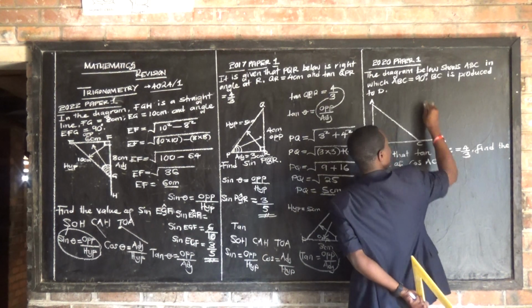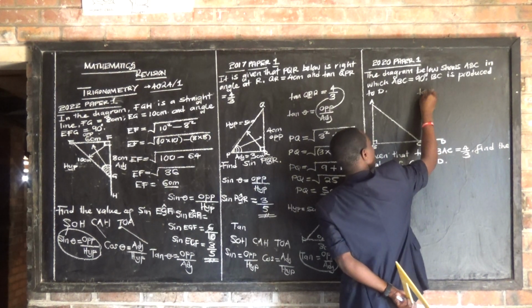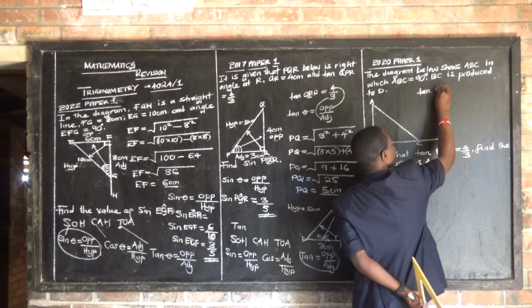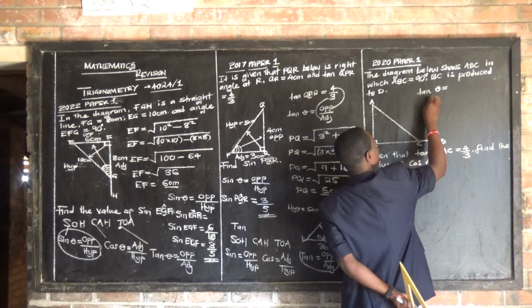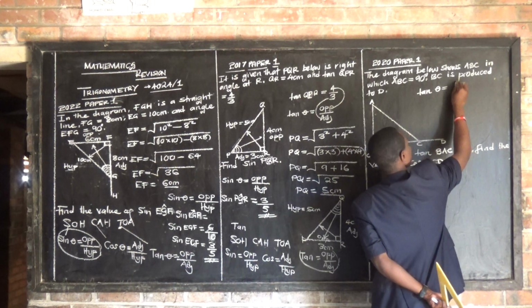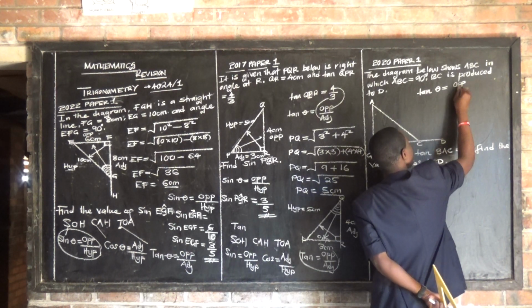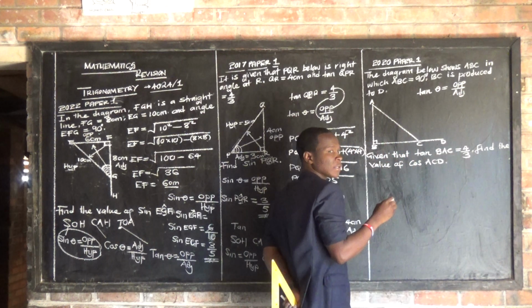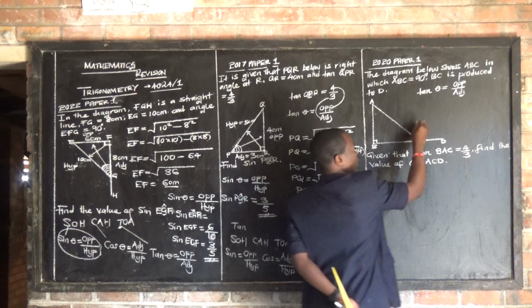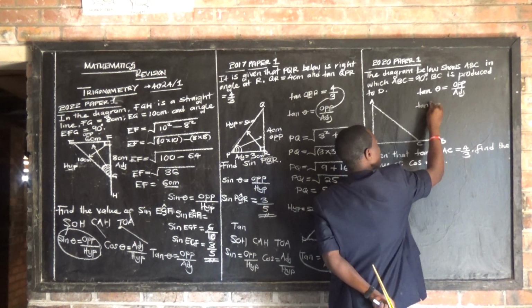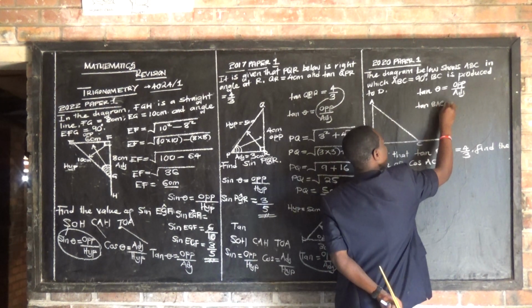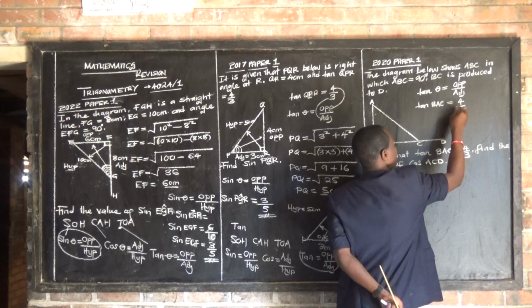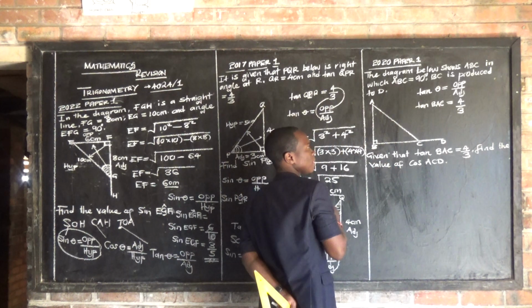So here what we are going to do first is, we have been told that tan, according to SOHCAHTOA, tan theta is equal to what, people? Opposite over adjacent. Very good. Is it okay, guys? Now, what have we been given? Tan BAC is 4 over 3.